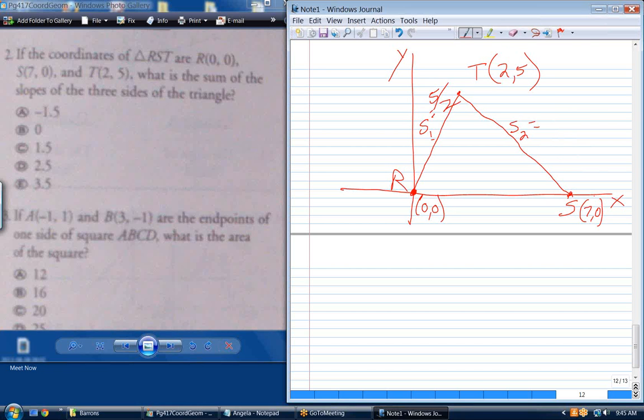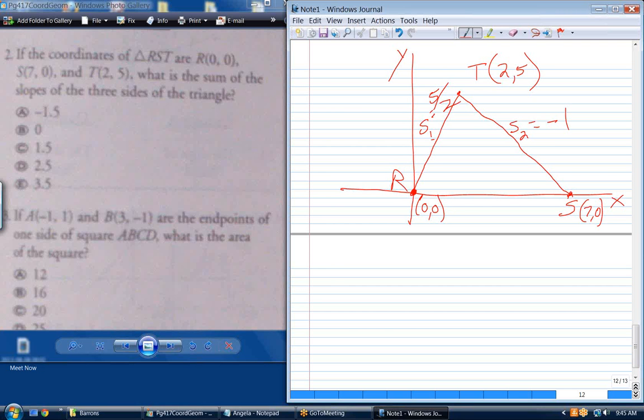You can do 5 minus 0 over 2 minus 7, or you can do 0 minus 5 over 7 minus 2. Either way, you get a negative 1. And it's a good idea to check to make sure that the sign on the slope agrees with what you're looking at. We can tell that that's a negative slope and that this one's a positive slope.